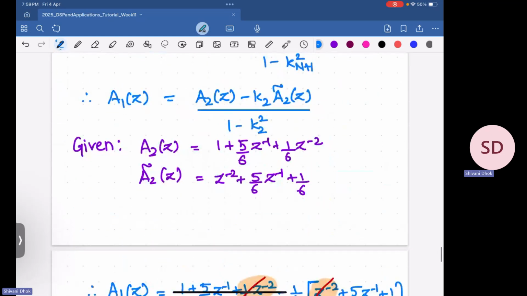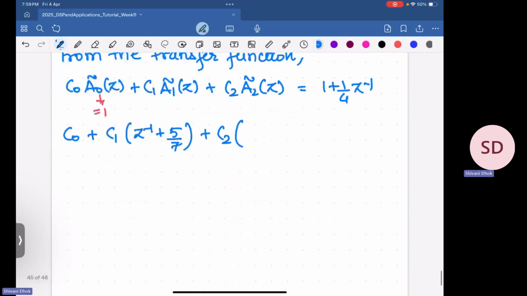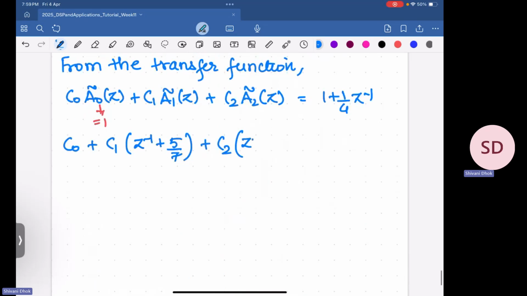A2 tilde of Z is Z to the power minus 2 plus 5 by 6 Z inverse plus 1 by 6, which is equal to 1 plus 1 by 4 Z inverse.